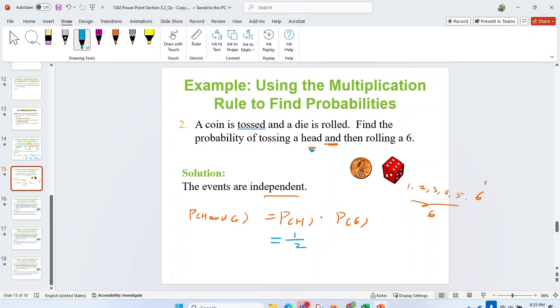The probability of getting a 6, I only have one 6, so it's 1 out of 6. Multiply these two together, it's 1 over 12. That is how you calculate the probability using the multiplication rule.